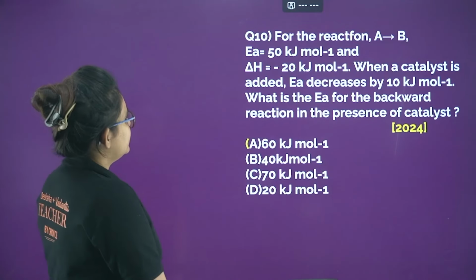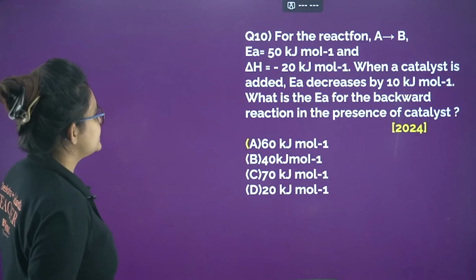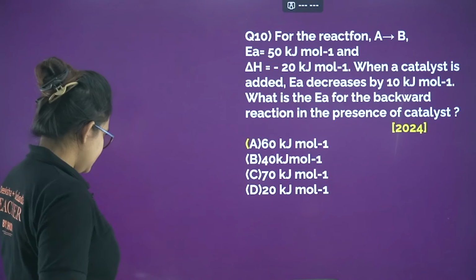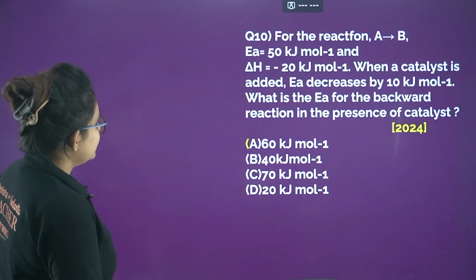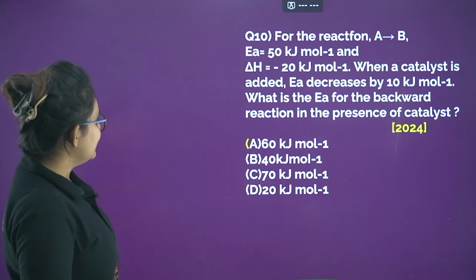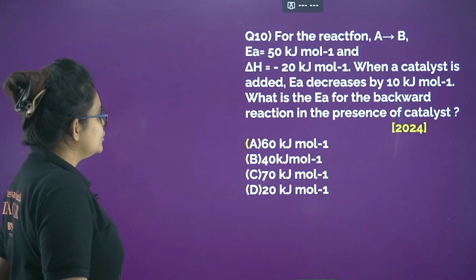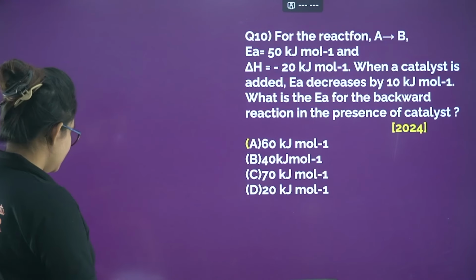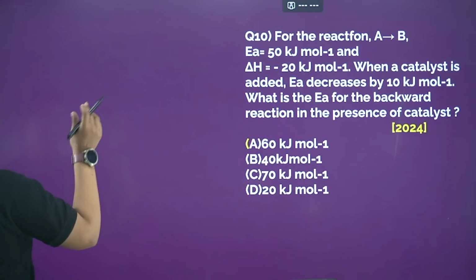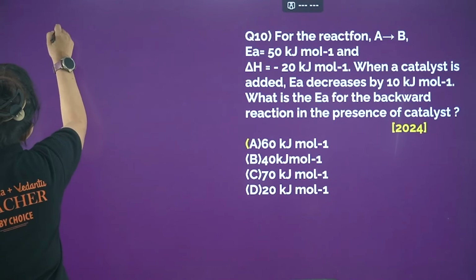Here you can see for the reaction A gives B, Ea value is given. Ea means energy of activation, and del H is also given. When the catalyst is added, Ea decreases by 10 kilojoule. What is the Ea for the backward reaction? Just apply a little bit of brain.